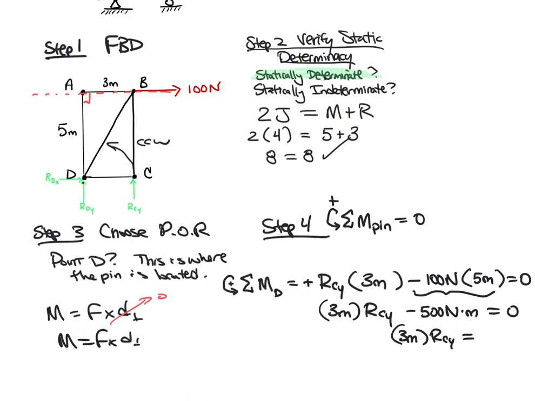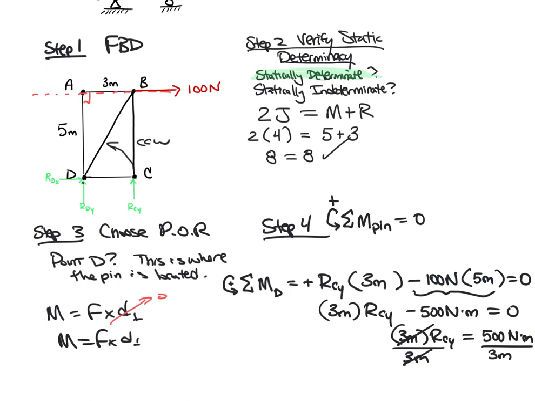Equals 500 Newton meters. And then my last step is to divide by 3 meters. The 3 meters cancel out on the left, reduce to 1. So I'm left with RCY equals 500 Newton meters divided by 3 meters. What happens to my meters?